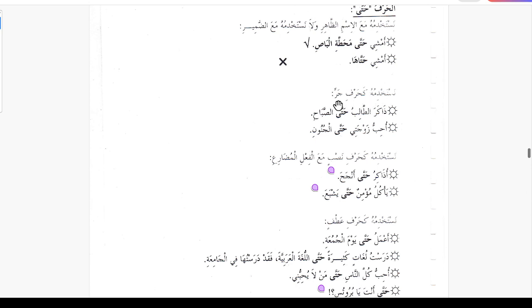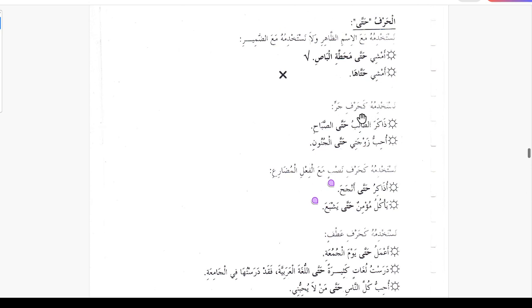Nastakhdimuhu ka harfi jarrin, and we also use hatta like a harf of jar. For example, zakara talibu hatta sabahi, the student studied until the morning. So hatta sabahi is a harf of jar because it makes the noun majroor.